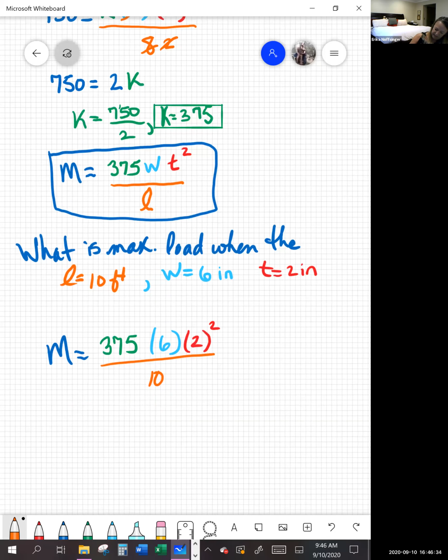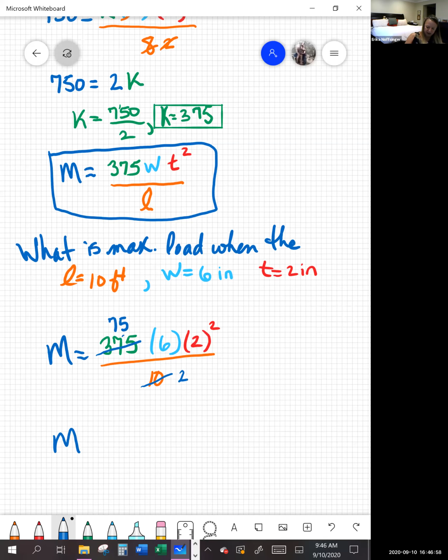Just wanted to simplify first. So I know that 5 goes into both 375 and 10. 5 goes into 10 twice. 5 goes into 375. Well, 5 goes into 37 7 times, with the 2 left over, so it's 75. Let me just reduce a little more.